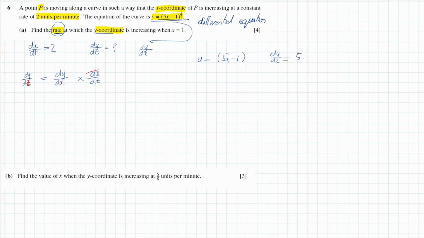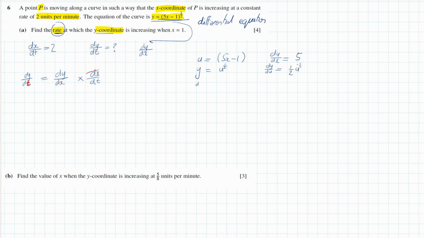Some people made a mistake here and said it was equal to 5x. Then y is equal to u to the power of 1/2. So I'm using the chain rule here. Therefore, dy/du is equal to 1/2 u, and we drop our power down to the minus 1/2.